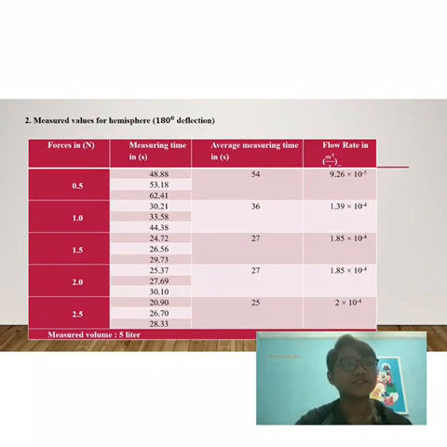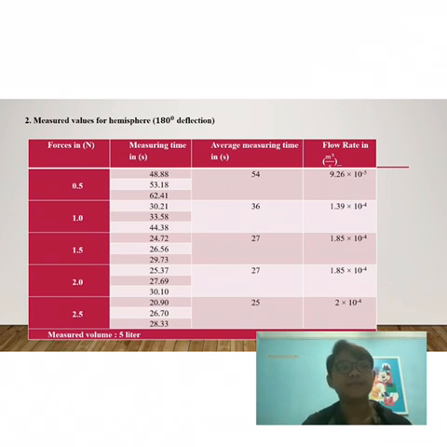The next one is data for measured values for hemisphere that has 180-degree deflection. Same like the flat plate calculation, they have given the force and the measuring time, and we must calculate the average measuring time and flow rate.